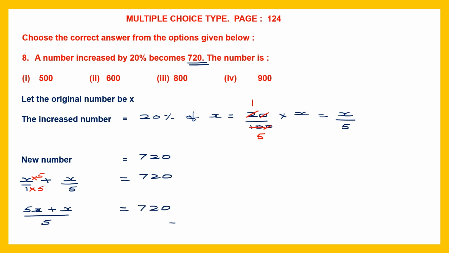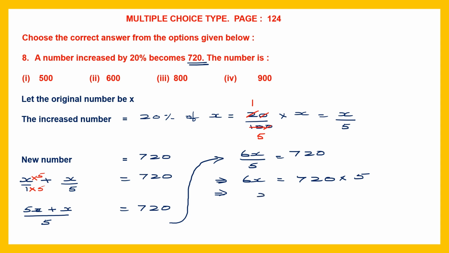Now 5x plus x is 6x. So let's write that 6x by 5 is equal to 720. So what does that mean? 6x will be equal to 720 into 5. So now we can find the value of x. x will be 720 into 5 by 6.